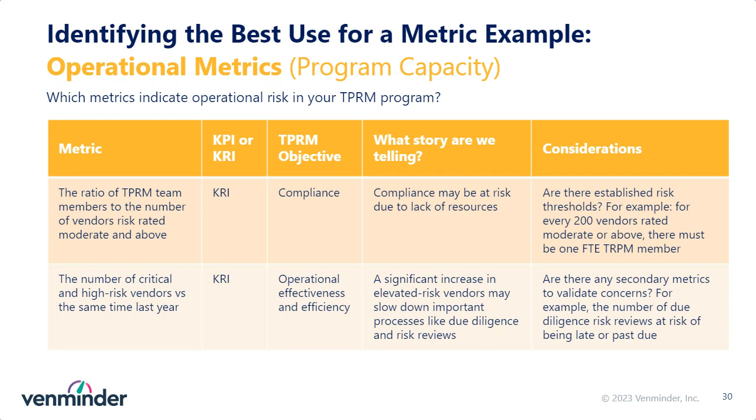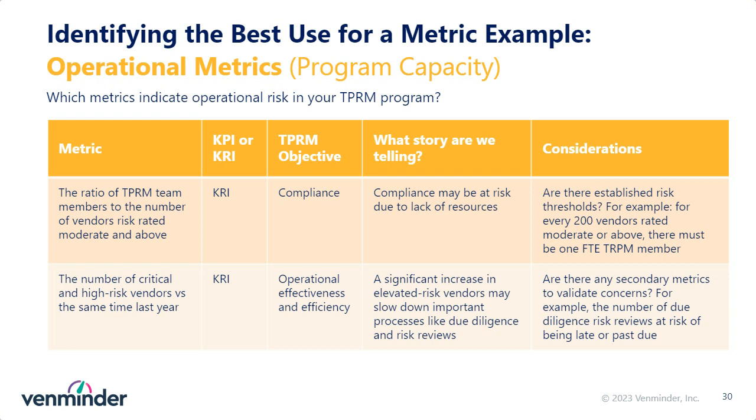So we also might want to think, if we're going down that level, if we have any secondary metrics that can validate our concerns. So, do we know how many of those due diligence or risk reviews are at risk of being late or past due? Okay, giving you a lot to think about.